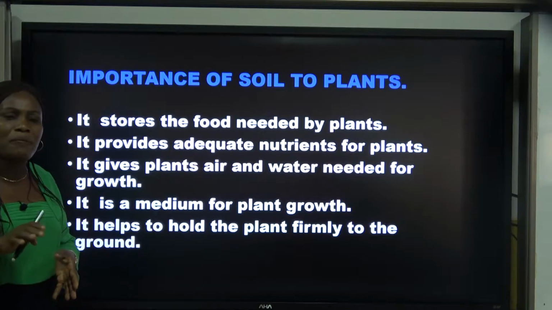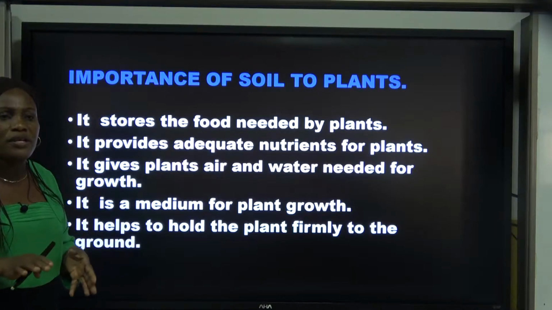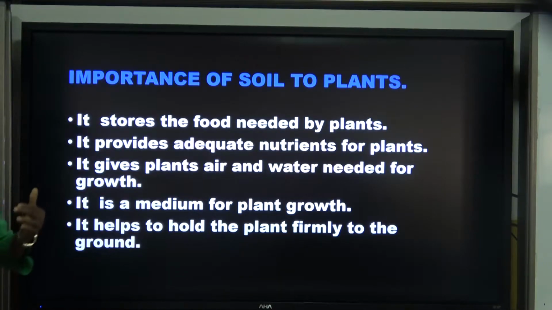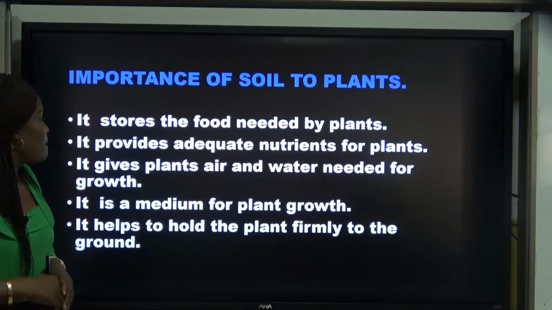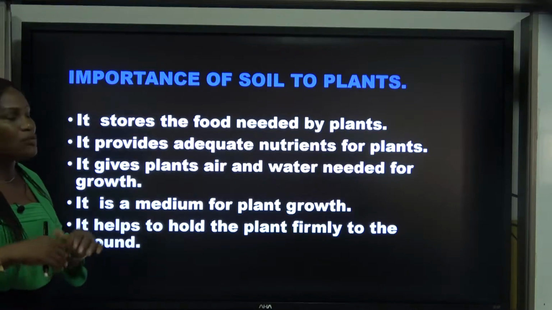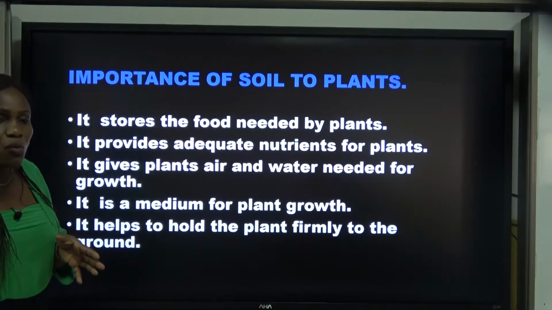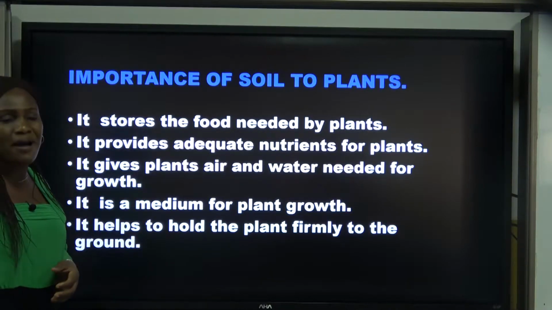And that is why the plants are able to grow on the soil. It provides adequate nutrients for plants. It gives plants air and water needed for growth. Water in the soil helps the plant to grow faster.